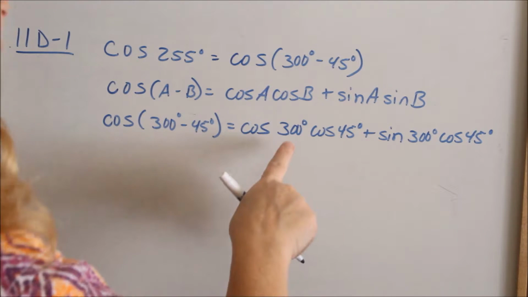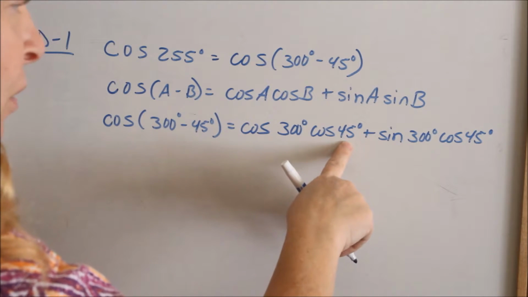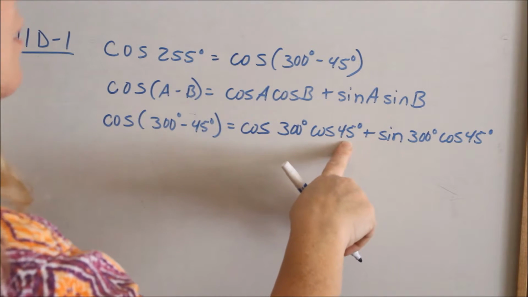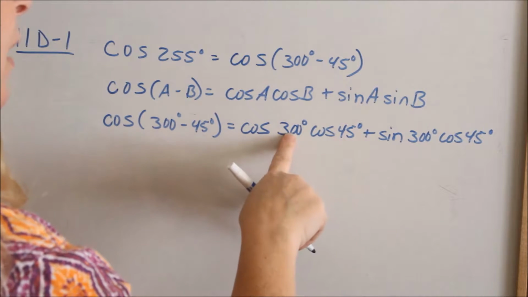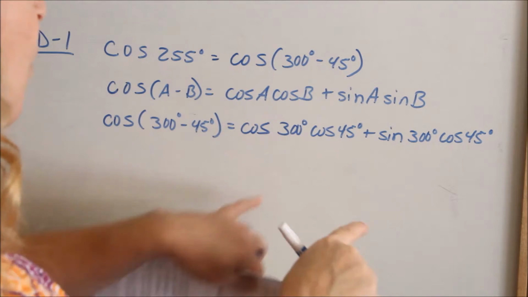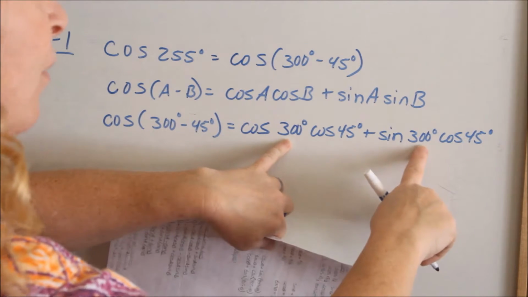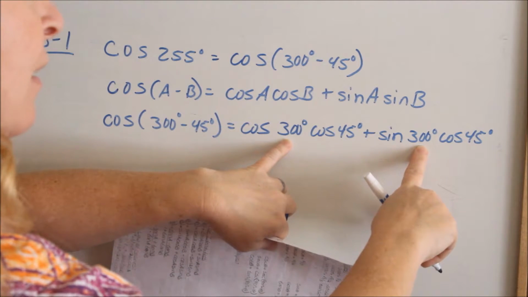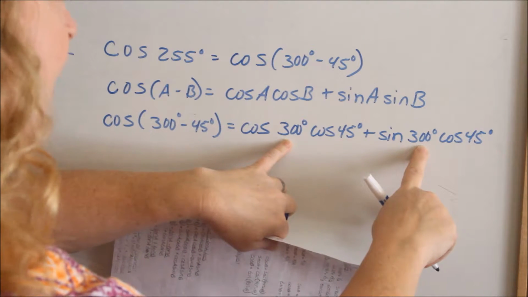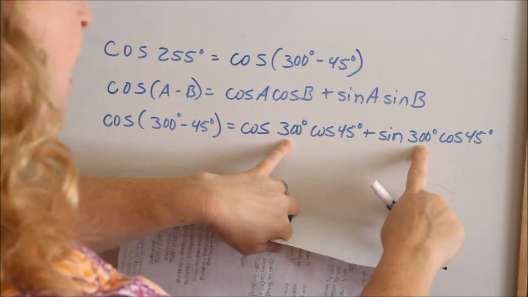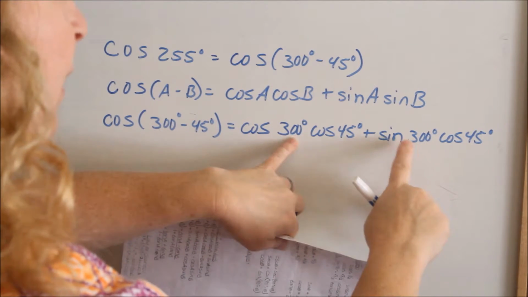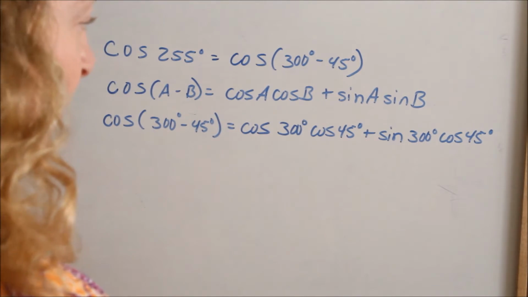Okay, the one thing I want to caution you of is 45 degrees, that's in quadrant 1. Everything is positive in quadrant 1. 300 degrees. Okay, so we need to know what is the reference angle for 300 degrees and what sign, positive or negative, cosine of 300 degrees and sine of 300 degrees are going to be.